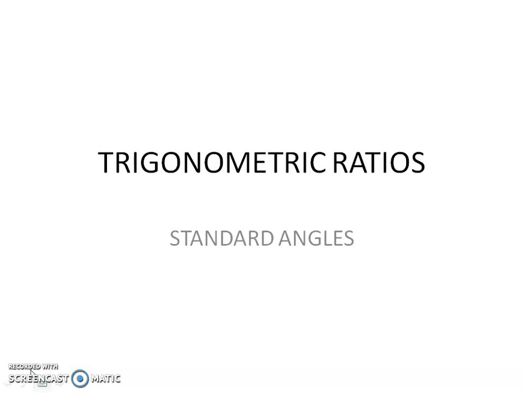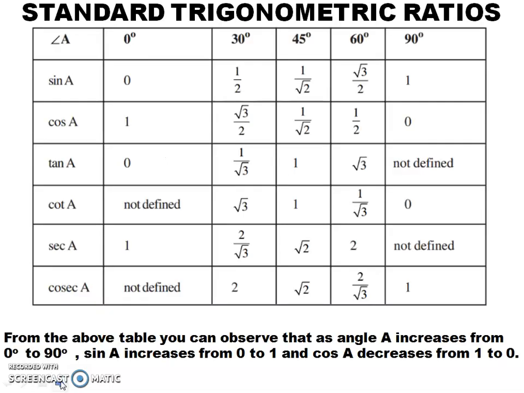A table which shows the trigonometric ratios for the above mentioned angles will be shown next. This is the table for standard trigonometric ratios of 0 degree, 30 degree, 45 degree, 60 degree, 90 degree.